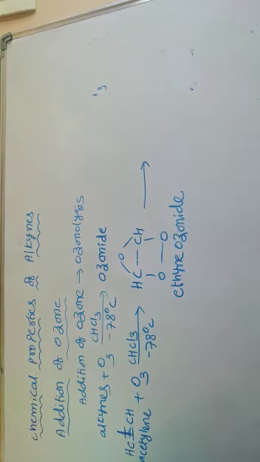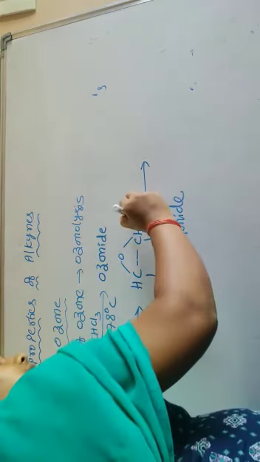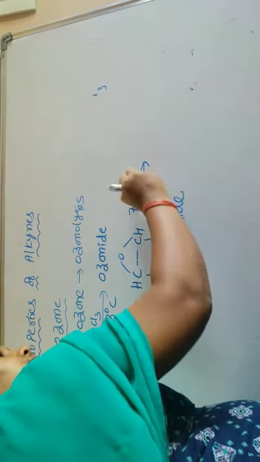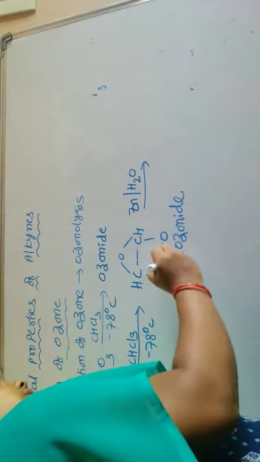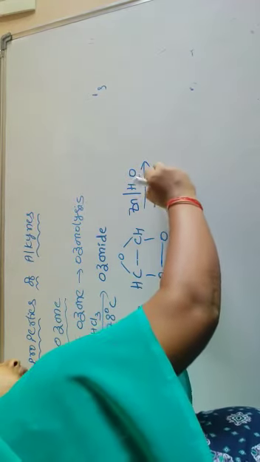Okay. And next, ethyne ozonoid. Here we are doing the reductive cleavage, that is, the reducing agent is zinc in the presence of water. On reductive cleavage, minus ZnO takes place.